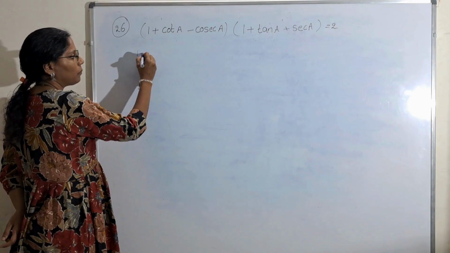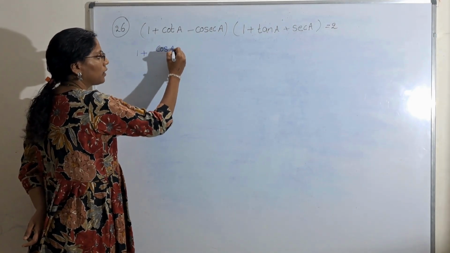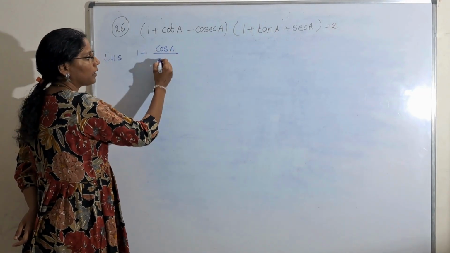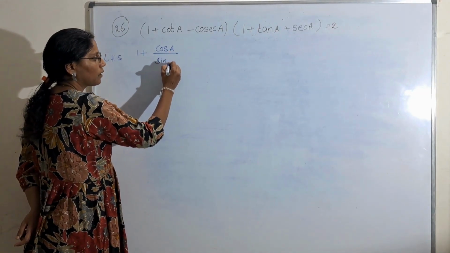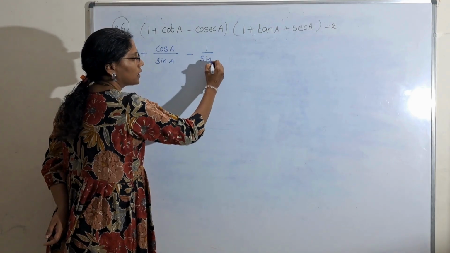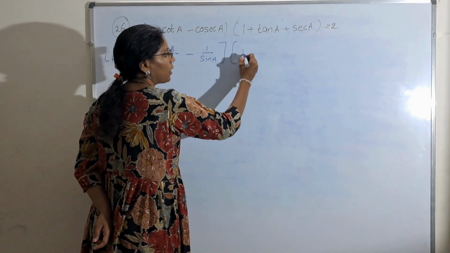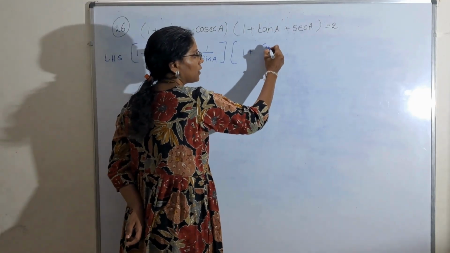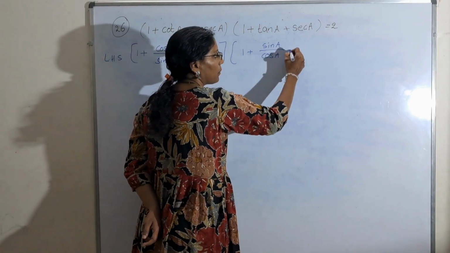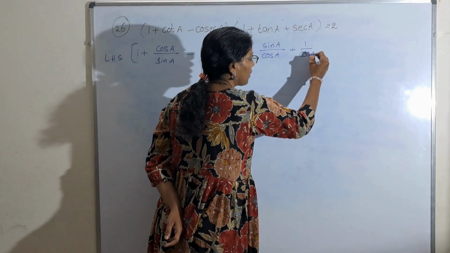LHS: (1 + cos A/sin A − 1/sin A)(1 + sin A/cos A + 1/cos A).